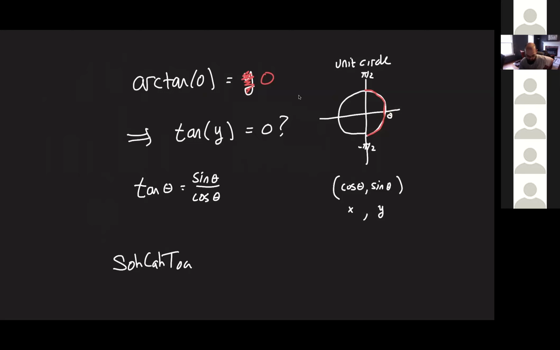So the only time that tangent of theta, which is sine of theta over cosine of theta, is going to be 0 on this interval is when theta, or this y, is equal to 0. That's what you have to plug into tangent in order to get 0.